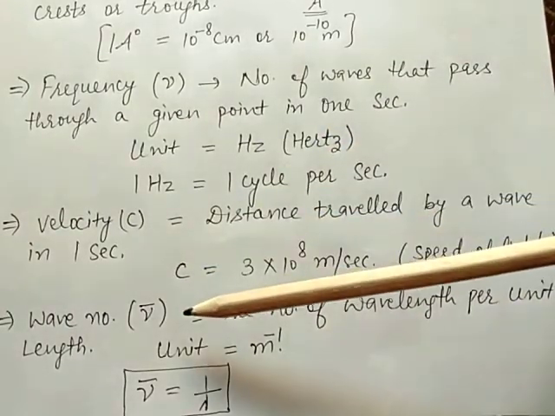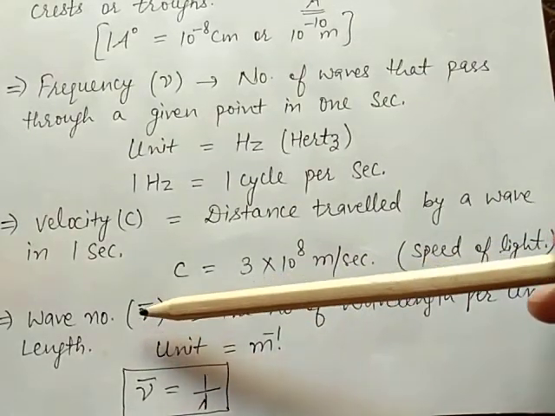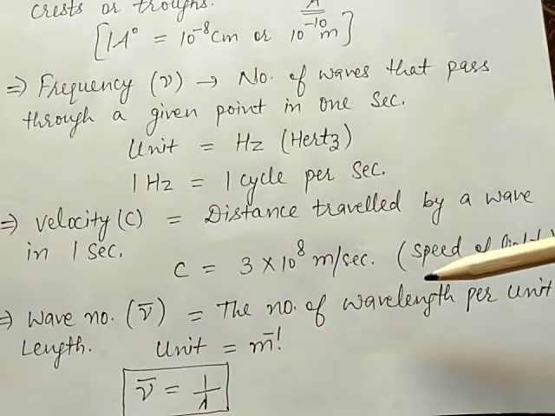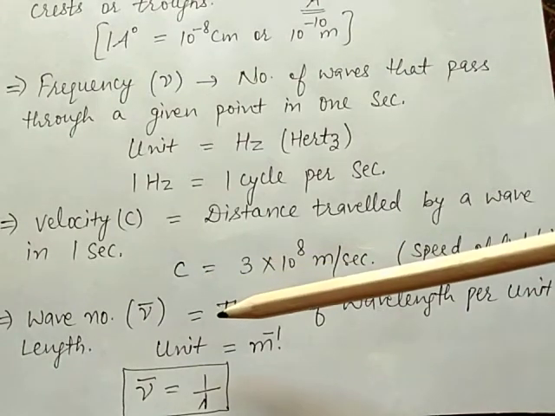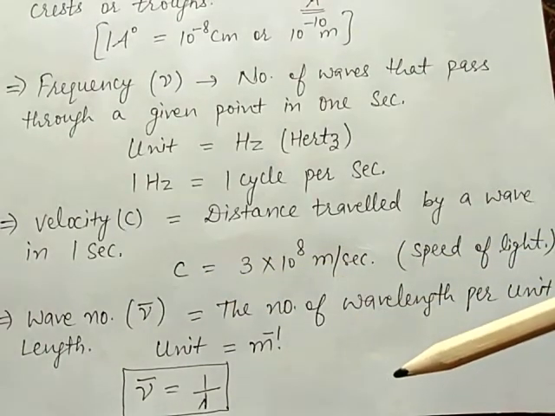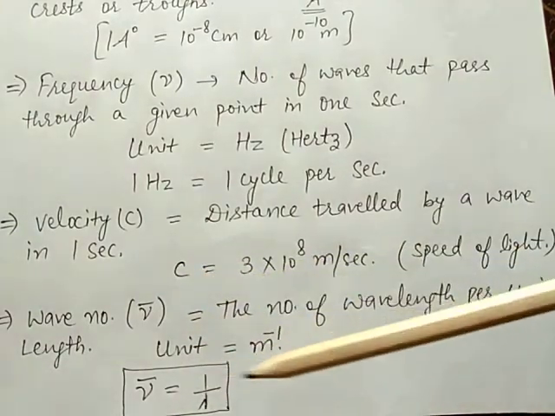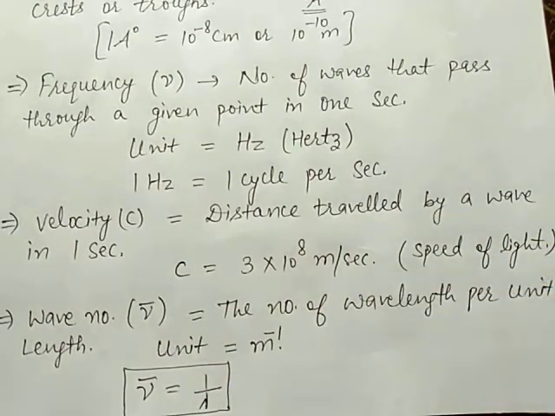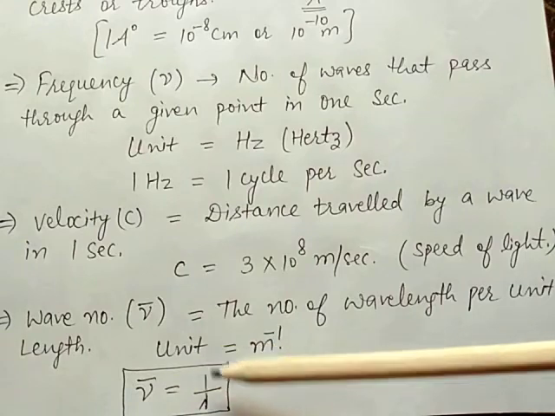Now the next characteristic is wave number. It is denoted by nu bar. It means the total number of wavelengths per unit length. The number of wavelengths per unit length is called wave number. It is seen that nu bar is equal to 1 by lambda.